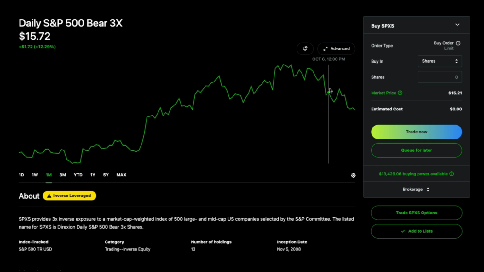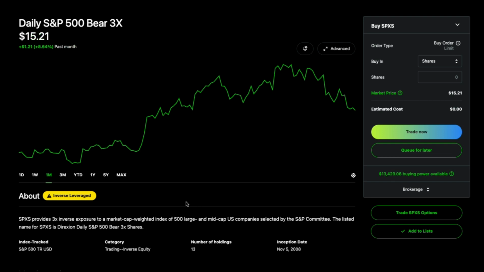So if you expect the overall market to go down, this is one way you can short it, right? And there is not much risk here, because you're just going to hold it, and if the market goes down, you're just going to sell it. So it's like buying and selling a stock. The only thing is you're buying an inverse of something.